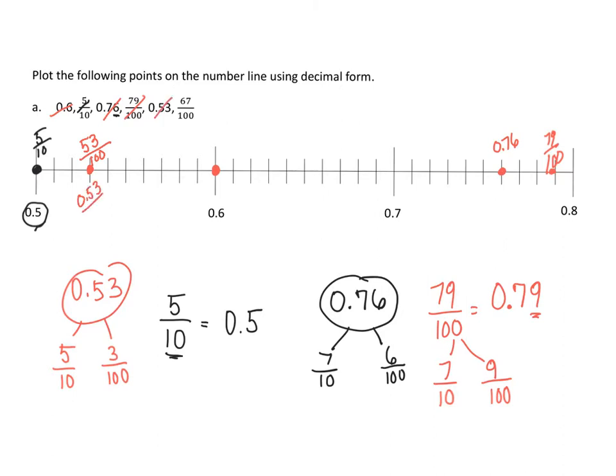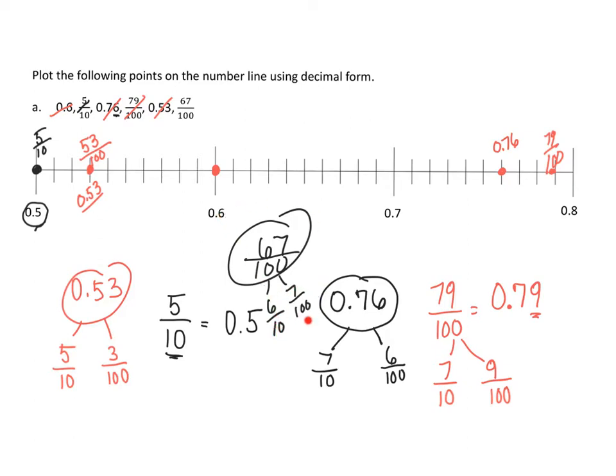All right, our last one is 67 hundredths. And if we want to make a number bond of that one, we would do 67 hundredths. And we've got 6 tenths, and we've got 7 hundredths. Well, where is 6 tenths on our number line? Right here. This is 6 tenths. So that would go right there.